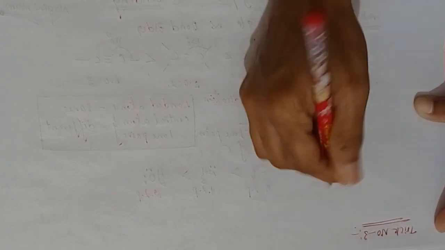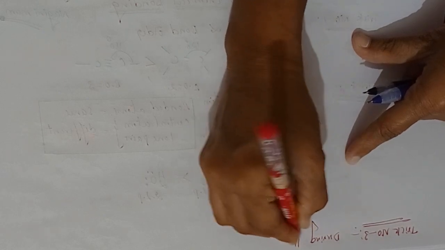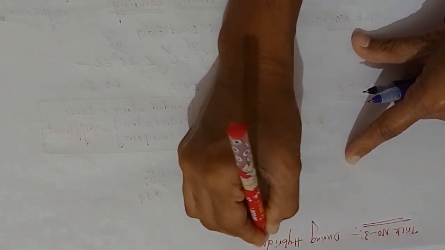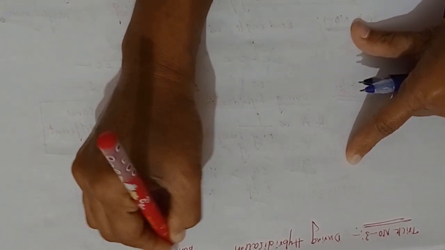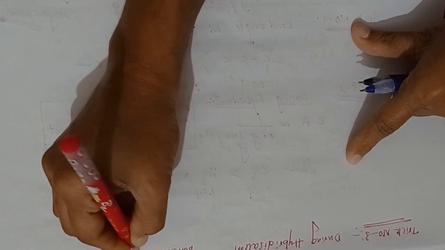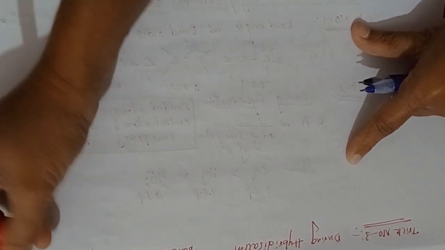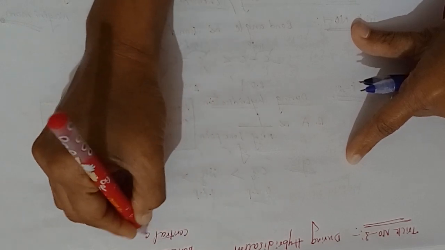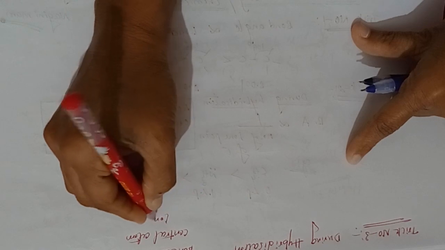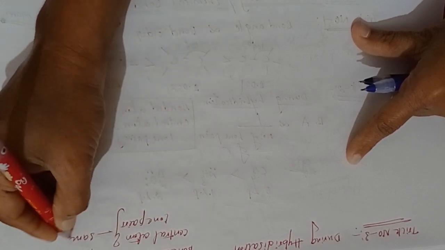So what is trick number 3? During hybridization, bonded atoms different, central atom lone pairs same.